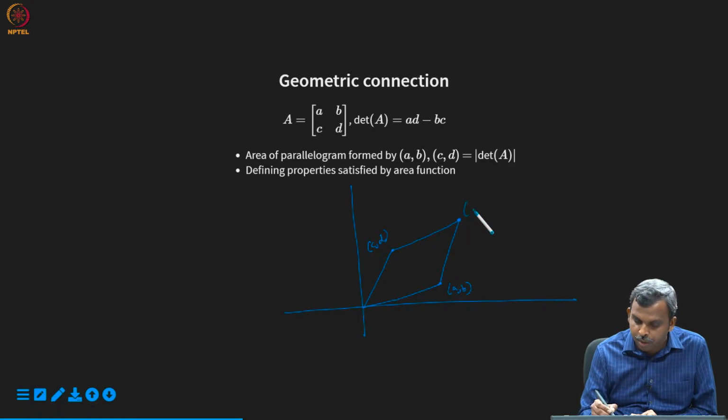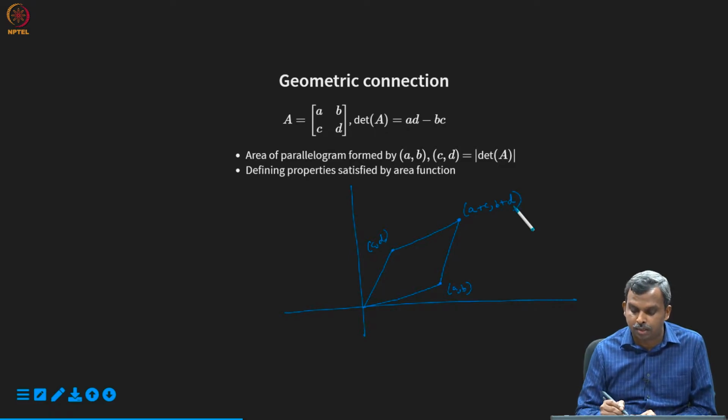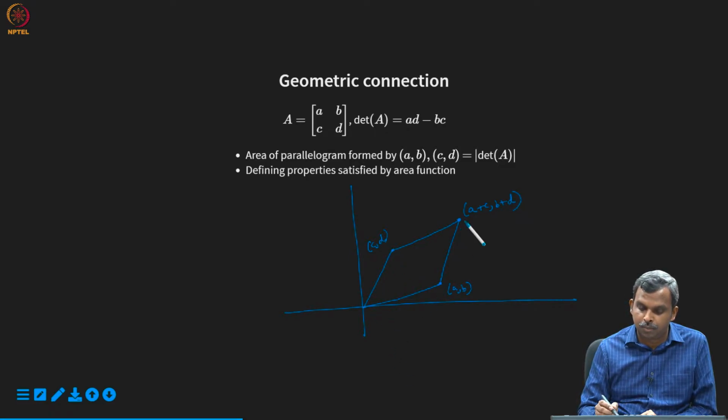This point would be A plus C comma B plus D. That's the sum of the two vectors, and that forms the parallelogram. So A plus C and B plus D.